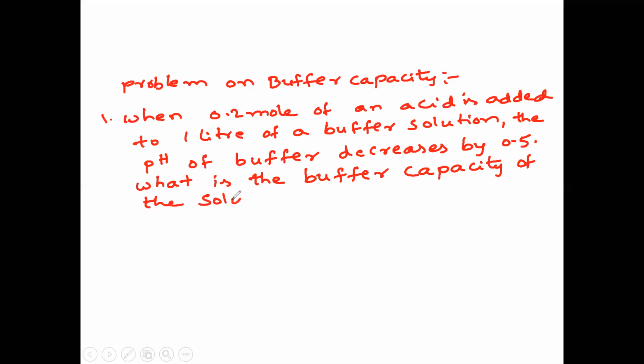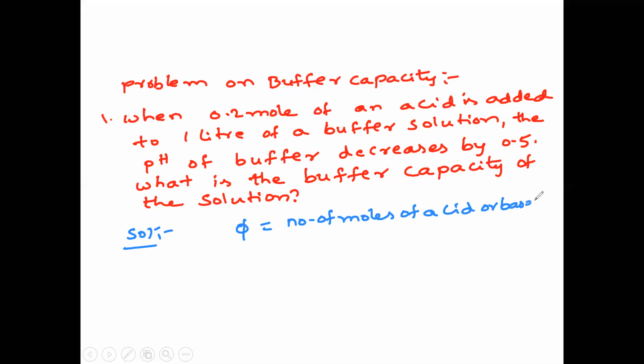This is a basic numerical, so straight away I'll do the solution. Buffer capacity is equal to the number of moles of acid or base added, divided by the change in pH of the buffer solution.